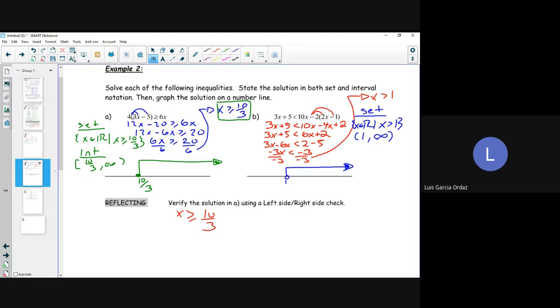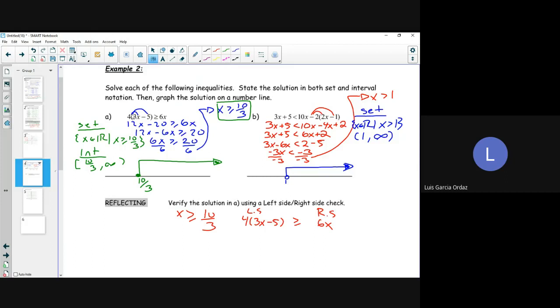So we know our left side is 4 times 3x minus 5, greater than or equal to, and then our right side was 6x. So someone give me a whole number that is bigger than 10 over 3. So let's take 4, okay?